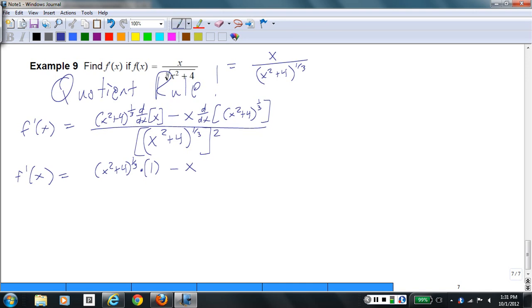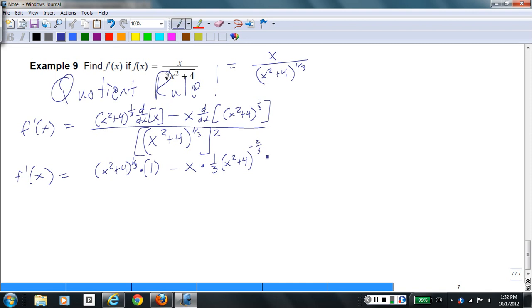I want to take the derivative of x squared plus 4 quantity to the 1/3. So it's thinking the outermost function. Outermost function is the cube root function, the raising to the 1/3 function. So the derivative of something raised to the 1/3 power is 1/3 times that something to the, what's 1/3 minus 1?